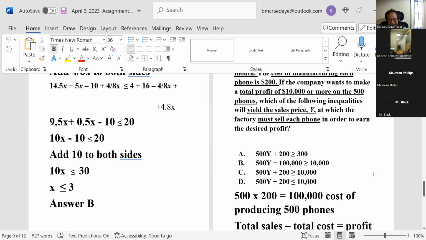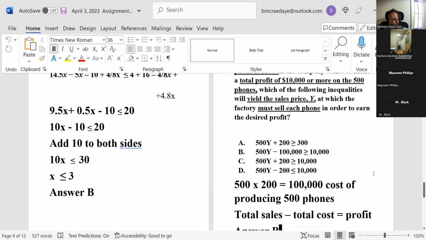I'm doubtful, because I worked this one and I don't think it's B. Well, I would leave B alone. Once you go back to your profit formula, we've looked at it many times: your total sales minus your total cost, and we figured out what the cost was from the beginning. So we look for something that has the 100,000, or multiplies to give you the 100,000.